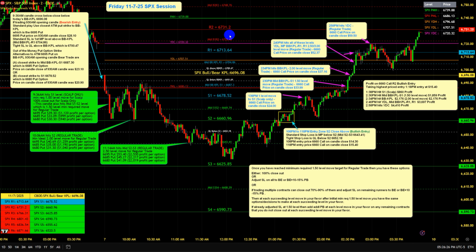And the same thing in reverse. If we have a bullish session where the initial bias is bullish, that does not mean that you cannot look for bearish opportunities, either scalps or regular trades, at the levels above, because in many cases those will be discounted bearish opportunities, much like these are discounted bullish opportunities later in the session.